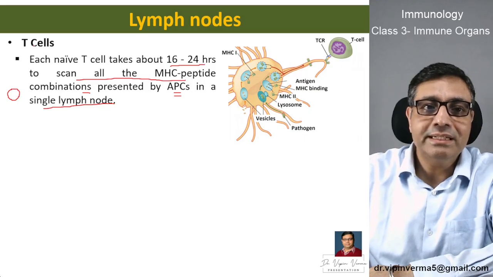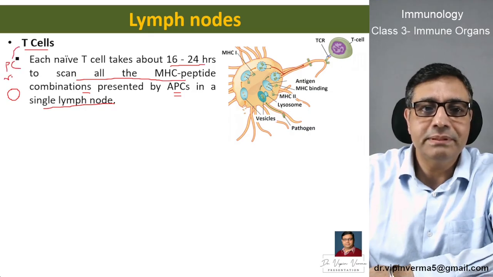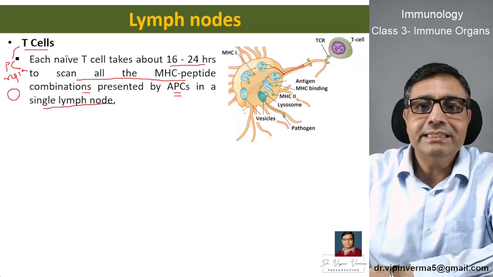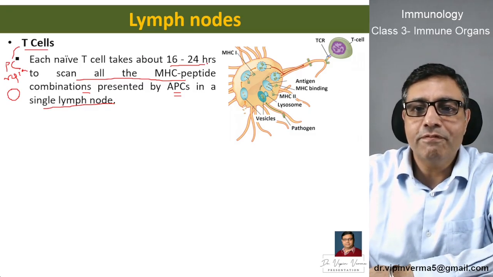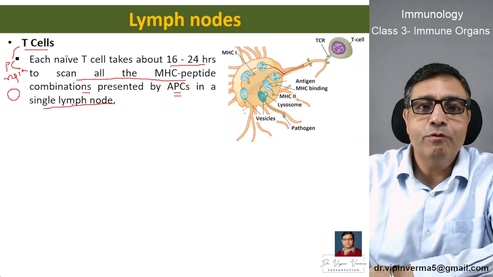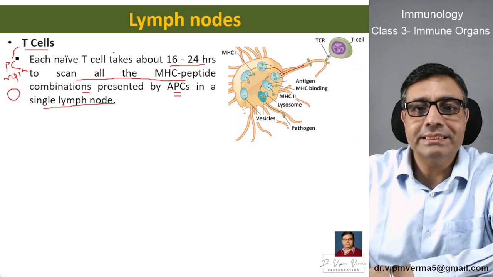Because these are the T cells, we just discussed that they will be present in the paracortical region, the PC region. In the PC region, there are antigen presenting cells, and this is an example of a dendritic cell, which is an antigen presenting cell. So each naive T cell can scan all the dendritic cells present in a single lymph node, and this usually takes 16 to 24 hours.